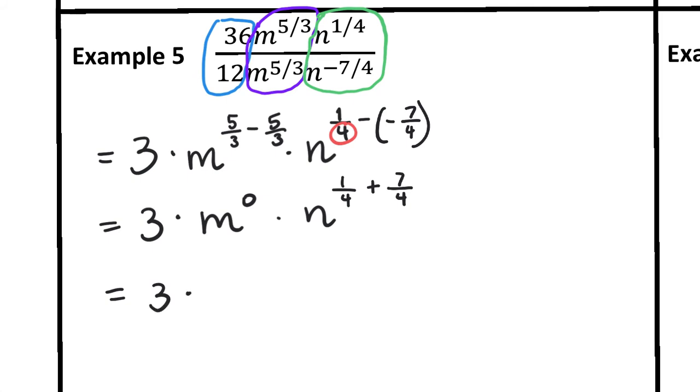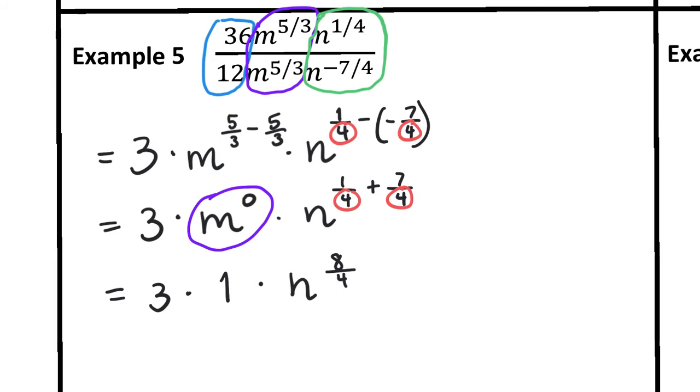Equals 3 times anything to the power of 0 becomes a 1 times n to the 1 plus 7 is 8 divided by 4, right? Because we have a common denominator.